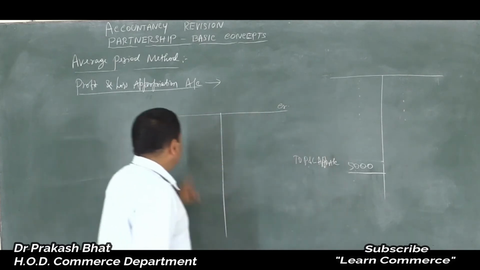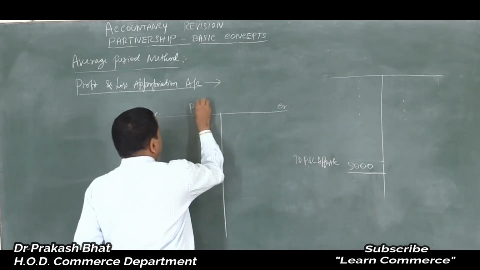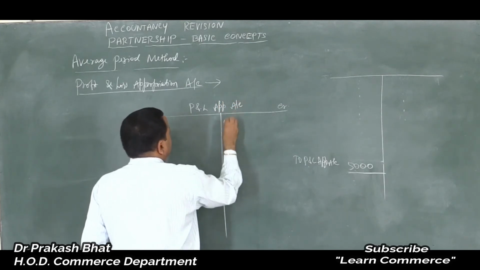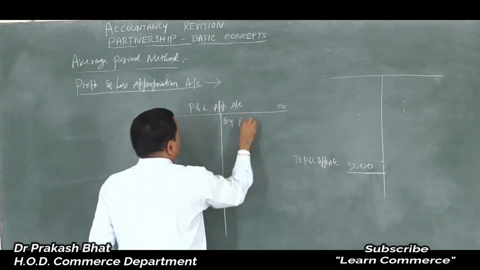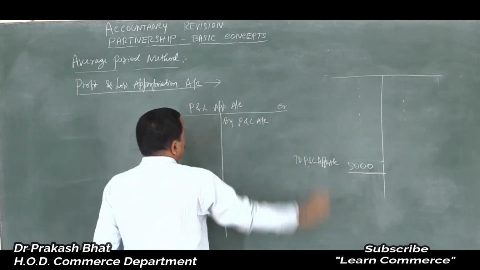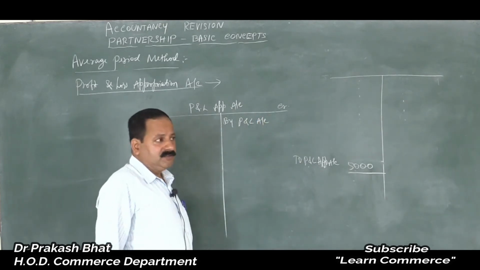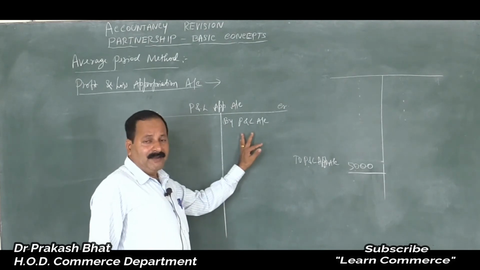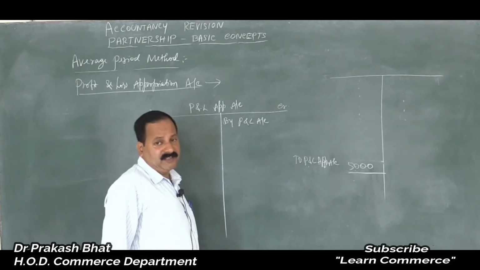So the profit and loss appropriation account gets opened by the profit and loss account. That is what we do here. That is the reason I told you, don't write by balance brought down, write by profit and loss account.